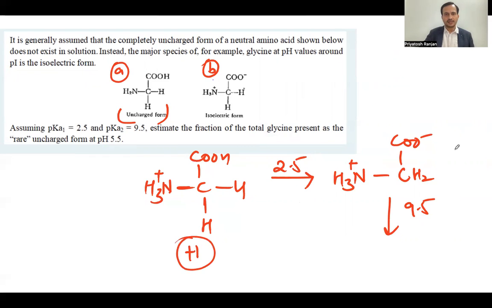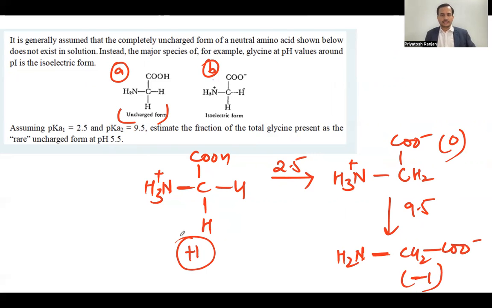This is the one which is going to be the neutral isoelectric species. And then the third one, if I keep on increasing the pH and go beyond 9.5, what I'm left with is H2N, CH2 and CO minus. Here it's carrying -1 charge. Simple acid-base fundamentals you need to apply.